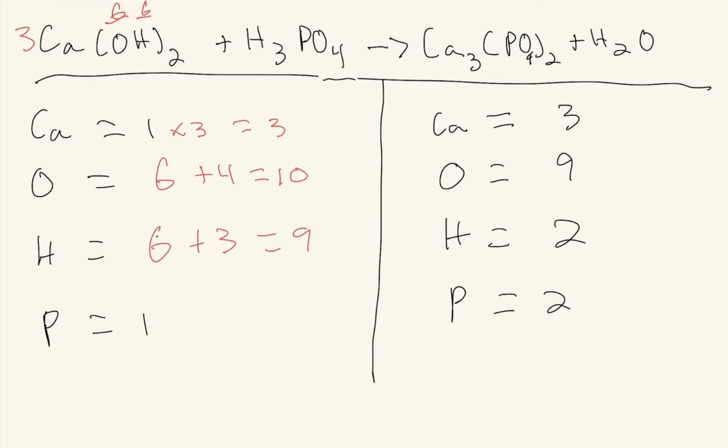And then it looks like we have 2 phosphates on the right side, so we'll need to fix the phosphates on the left side. To do this, we'll just multiply this whole thing by 2, and that affects the phosphate right there. So times 2 gives us 2, and then we have to affect the hydrogens, which will give us 6 hydrogens right there, and it'll give us 8 oxygens right there, since 2 times 4 is 8, and then 2 times 3 is 6.